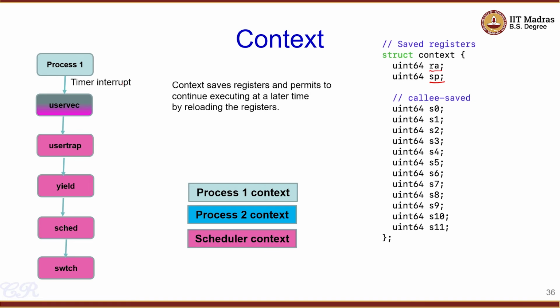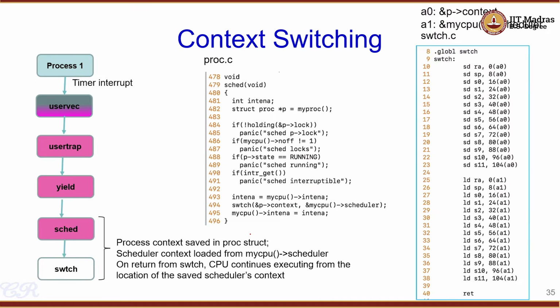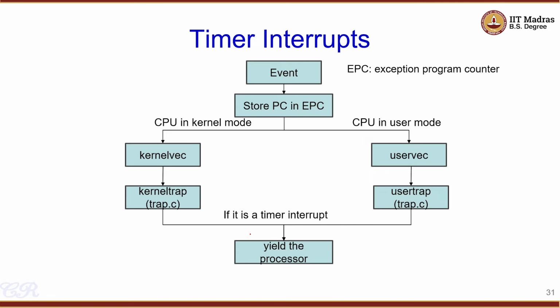Another thing to note is that each process would have such a context, and the pointer to this context is saved in the process's proc entry. So, process 1 has its context, process 2 has its context, and the scheduler has its context, which is the kernel's context.